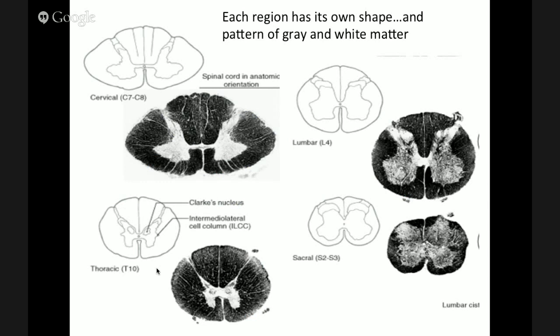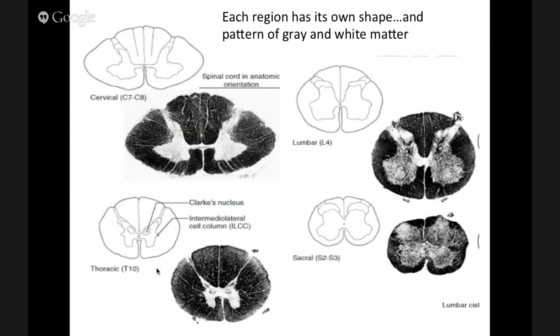So the different regions of the spinal cord, from the cervical, the thoracic, the lumbar, the sacral, have distinct characteristics in terms of the shape of the spinal cord and the relative proportion of gray matter versus white matter. So at cervical levels, you can recognize those levels because the spinal cord tends to be rather oval.